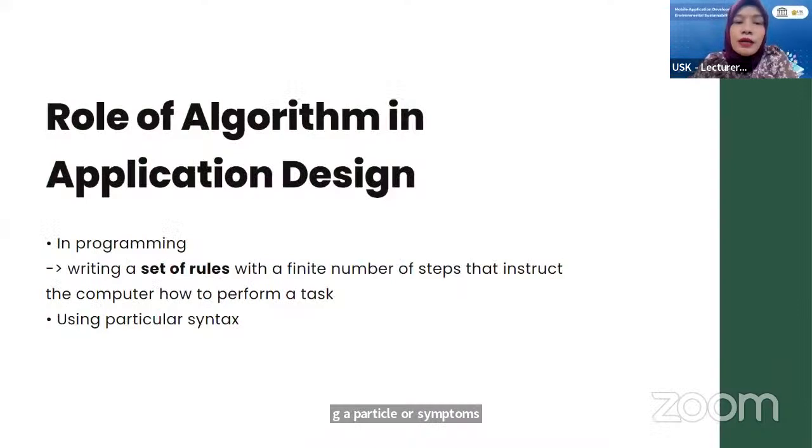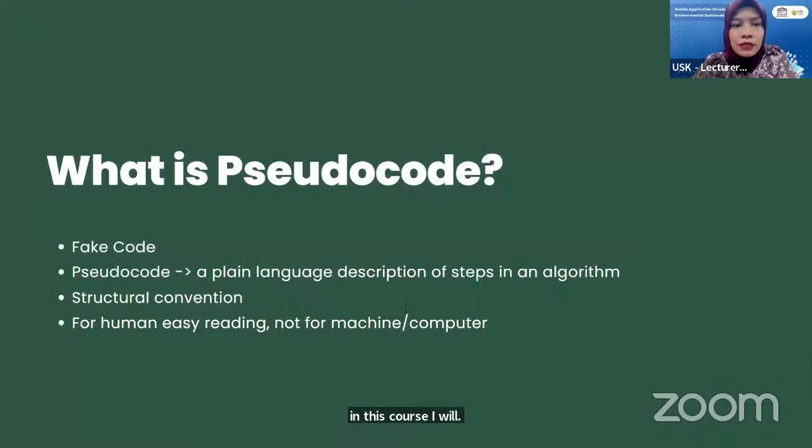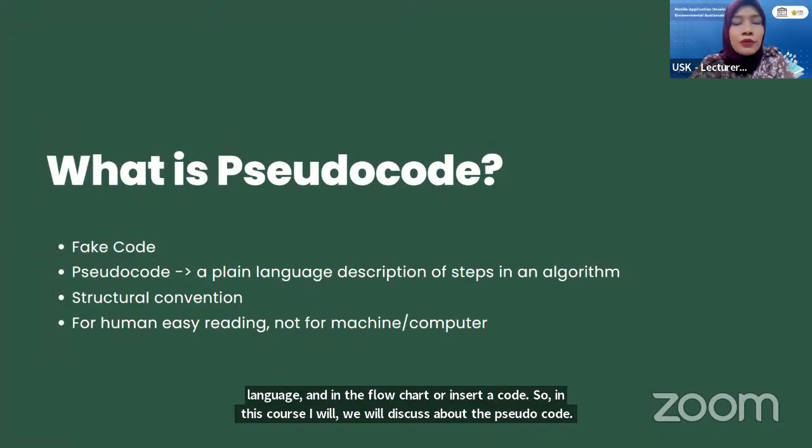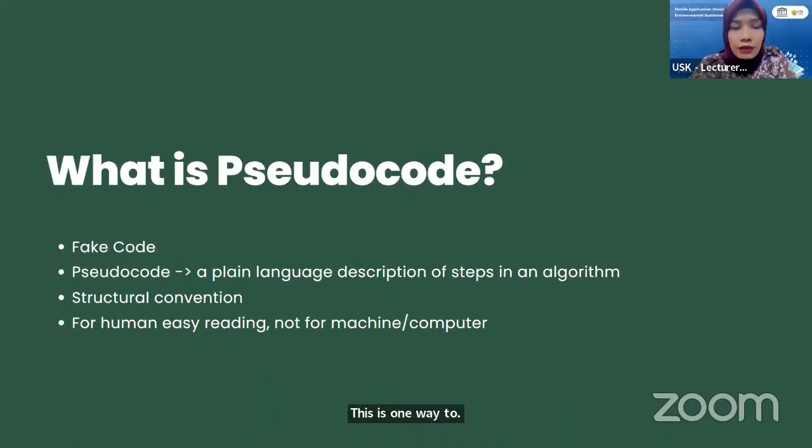We can write an algorithm in natural language, in a flow chart, or in pseudocode. So in this course, we will discuss pseudocode. This is one way to write that algorithm.